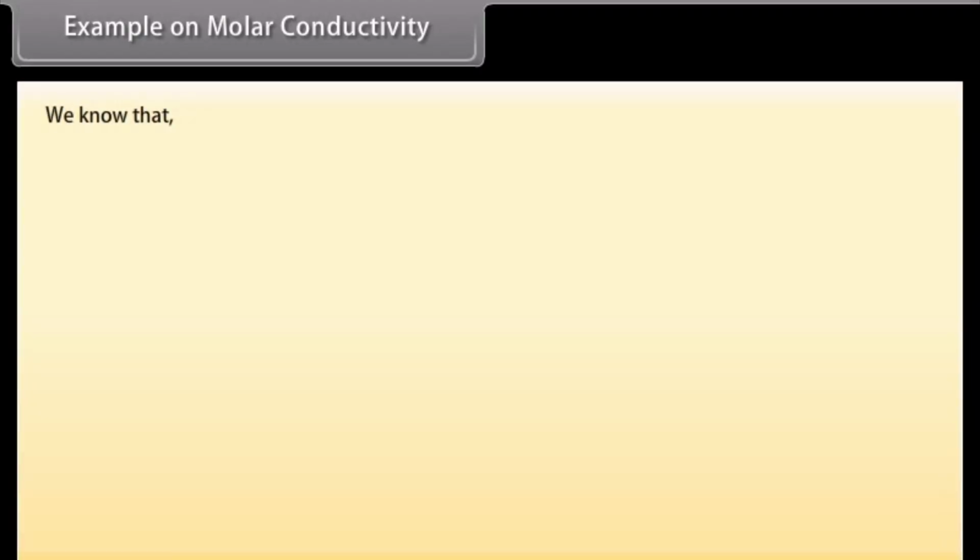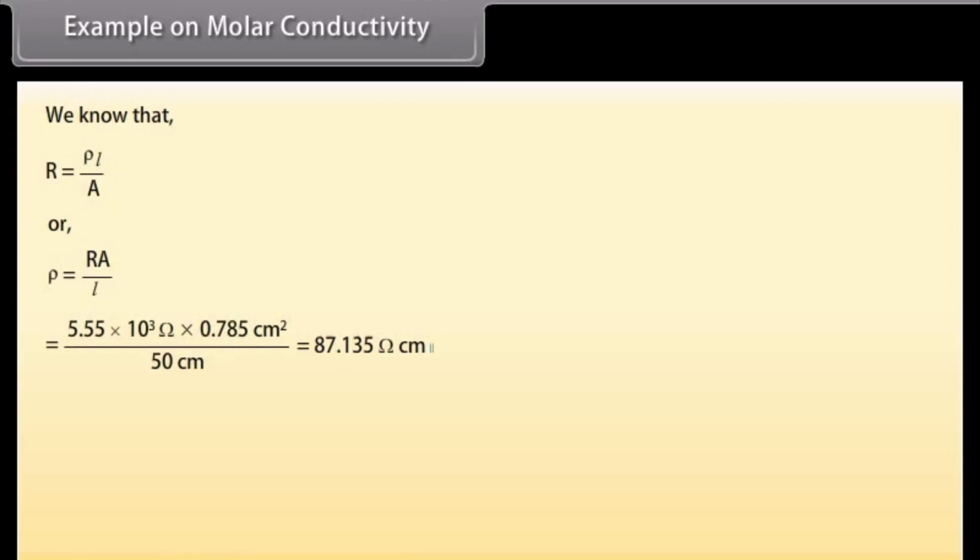We know that R is equal to rho L upon A. By putting the values, we get resistivity is equal to 87.135 ohm centimeter. We know that conductivity is the reciprocal of resistivity.